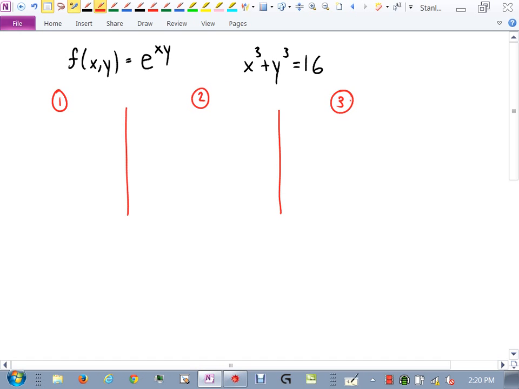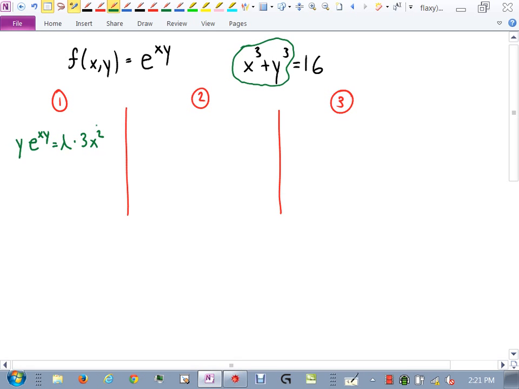What's the partial of f with respect to x? y e to the xy. That must equal lambda times the partial of g. Now, g is this guy right here, isn't it? Partial g with respect to x? 3x squared.